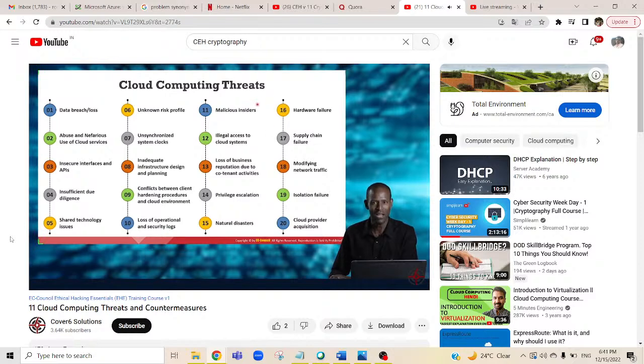Malicious insiders, that is the same potentially as abuse and nefarious use of cloud services. So somebody on the inside of your organization is doing something they shouldn't be doing with cloud services, or illegal access to cloud systems. The malicious insider, the one who is abusing the services, creates login accounts for her friends.